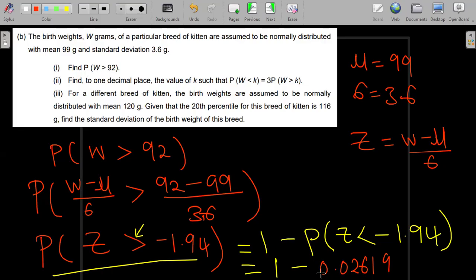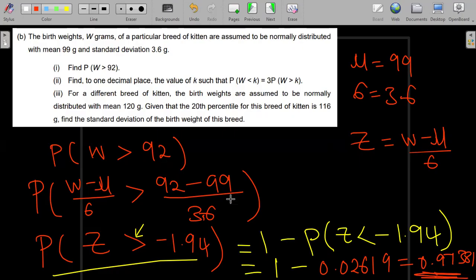Now we can calculate this on the calculator. This will be 1 minus 0.02619, and I'm finding the probability to be 0.97381. So that would be my final probability.